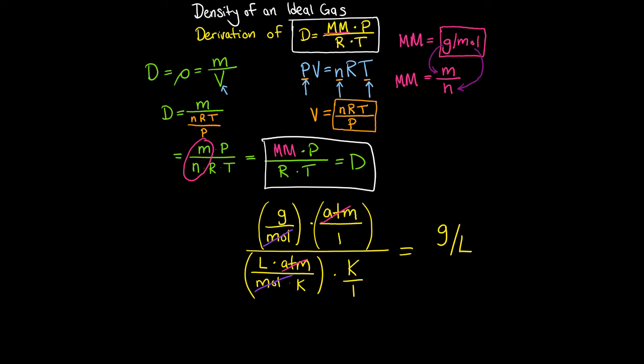Looking solely at the denominator, Kelvin is in the denominator and the numerator of the denominator, so it will cancel out. If you look at what's left, all we've got is grams in the numerator and liters in the denominator. So our units do work out perfectly.